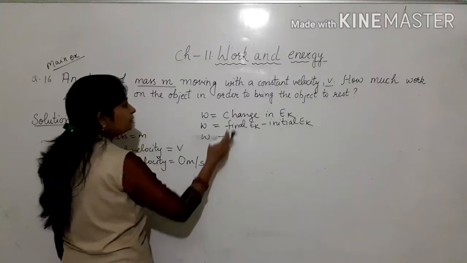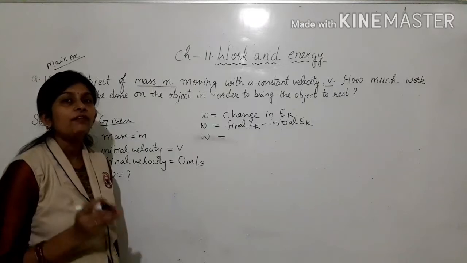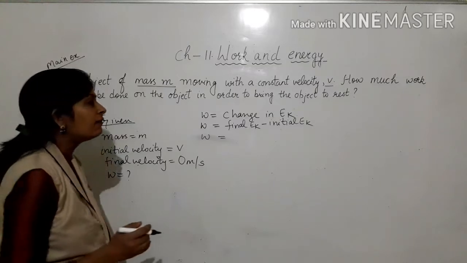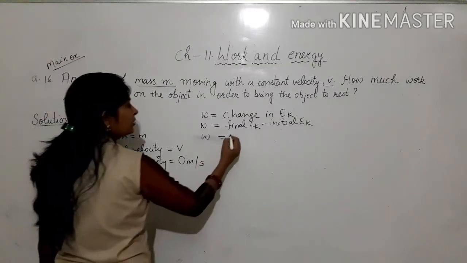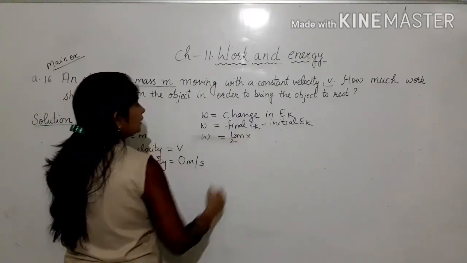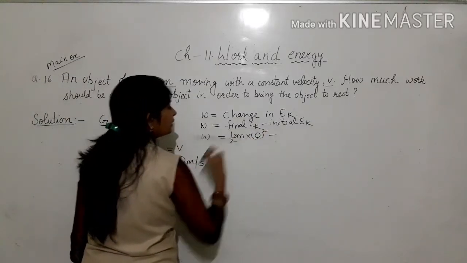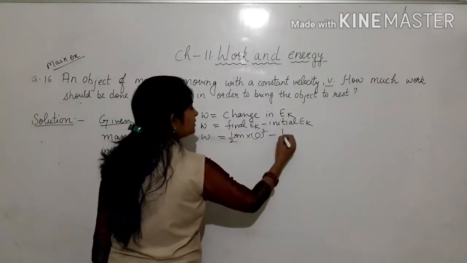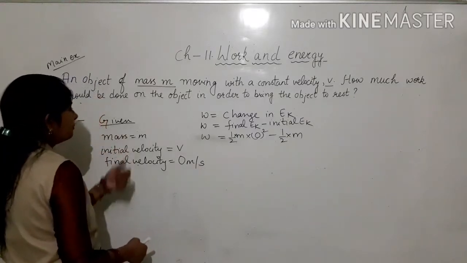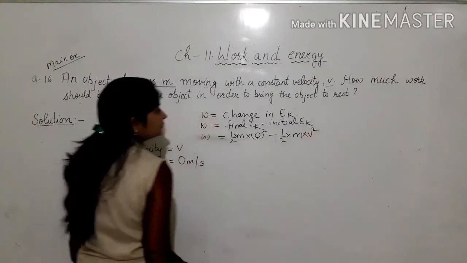Now work is equal to final kinetic energy. As I told you earlier, kinetic energy is half into mass into velocity square. So final kinetic energy is half into mass into final velocity square. So half into mass m into final velocity, it is 0 square, minus initial kinetic energy half into mass m into initial velocity square, which is v square.